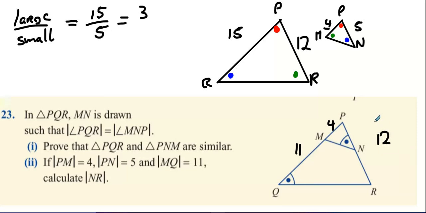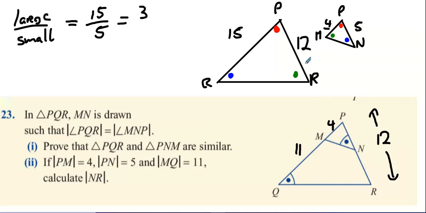If PR is 12, and you know that P to... Wait, I'm confused. Sorry, my brain's still shut down here for a second. Oh, yeah. Red to green is 4.